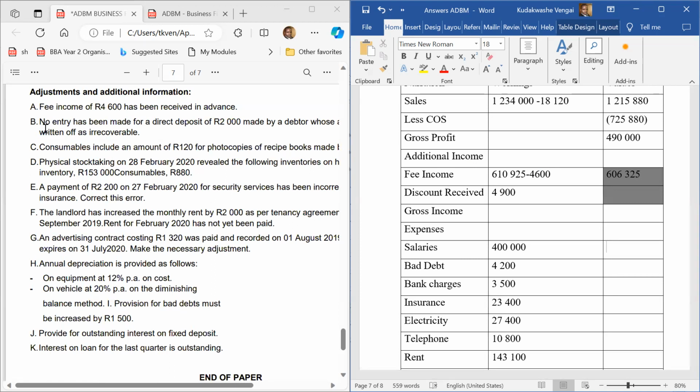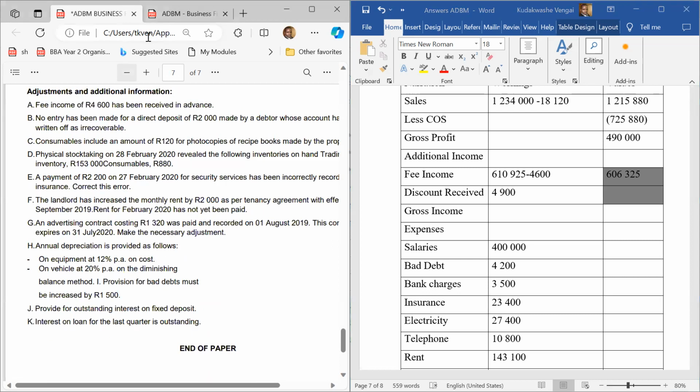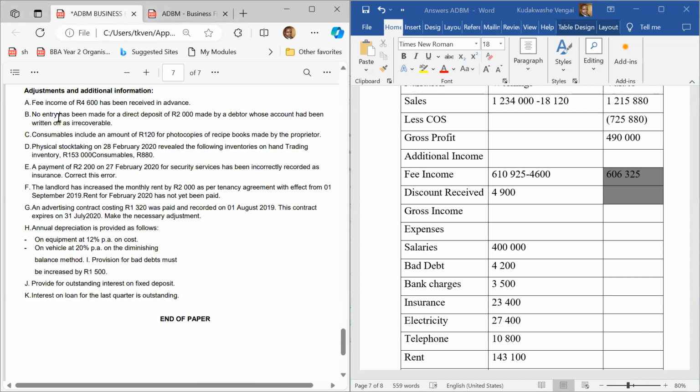Next one. No entry has been made for a direct deposit of 2,000 made by a debtor whose account has been written off as irrecoverable. All right. So there was a debtor who we had written off as irrecoverable, which means we had already written that this is a bad debtor, right? But this bad debtor has paid us some money now. So we have recovered a bad debt.